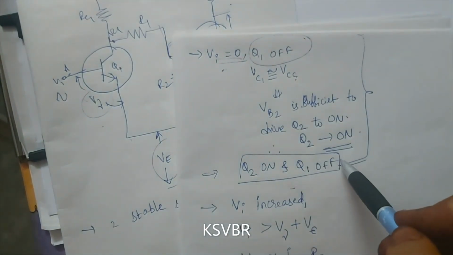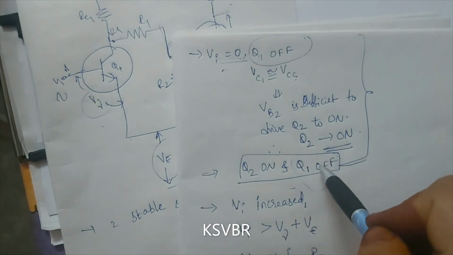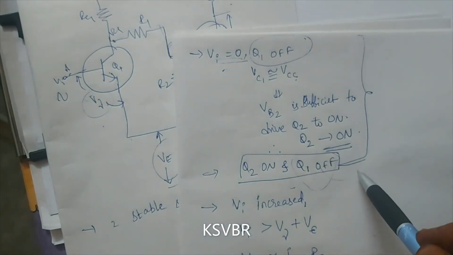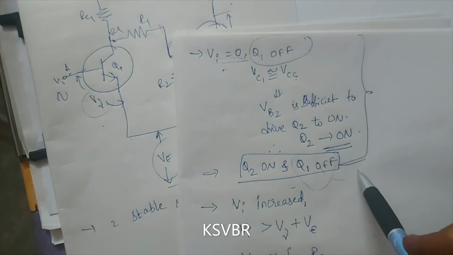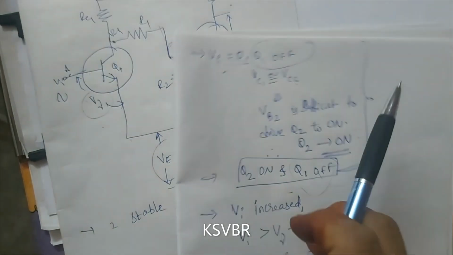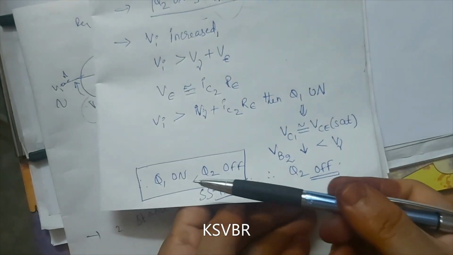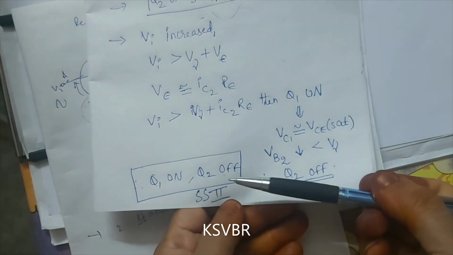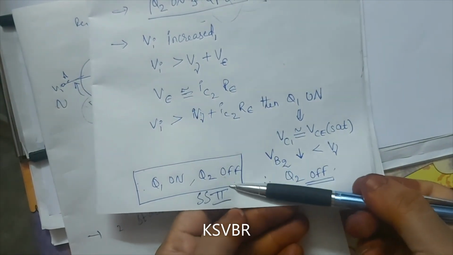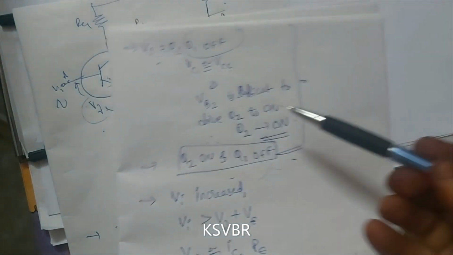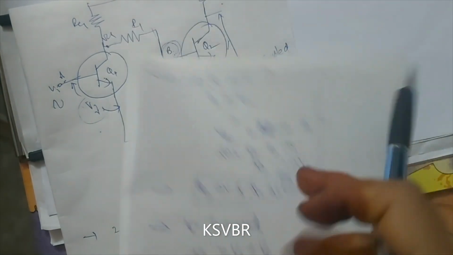The point where this Q1 becomes on is called the upper tripping point. Now let us see how this stable state 2, that means Q1 on and Q2 off, will exchange the states, that is, how stable state 2 is converted back to stable state 1.